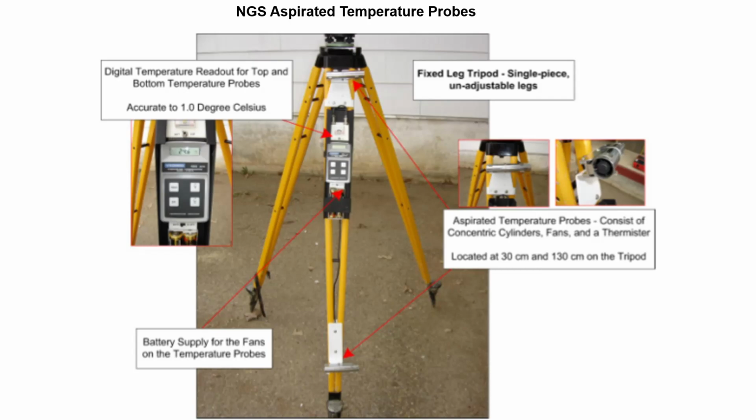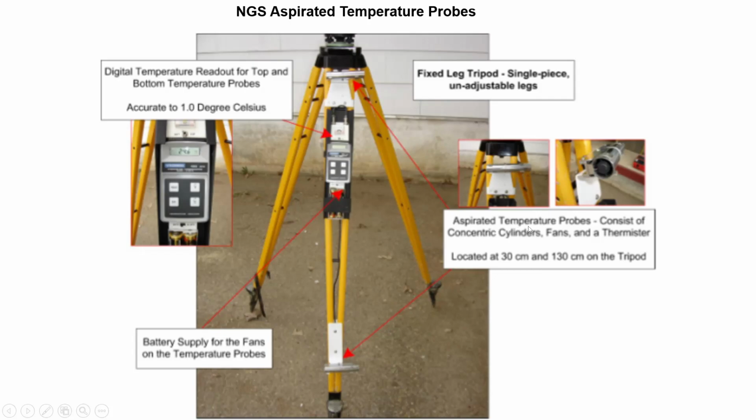Well, here we can see digital temperature readout for top and bottom temperature probes. So this equipment allows us to measure temperature on the instrument level and near the Earth's surface.